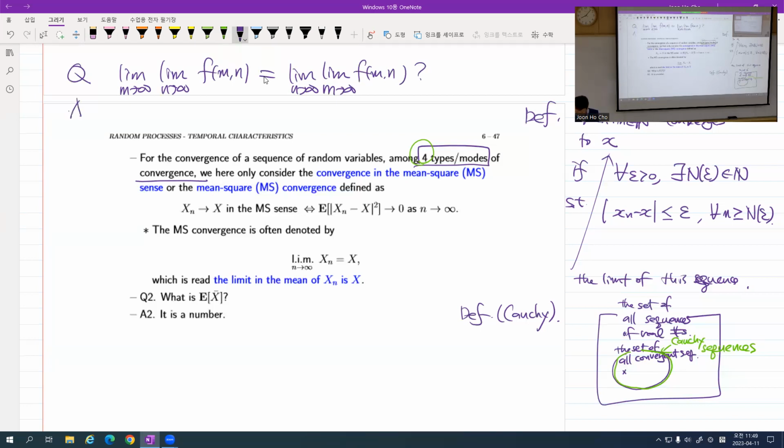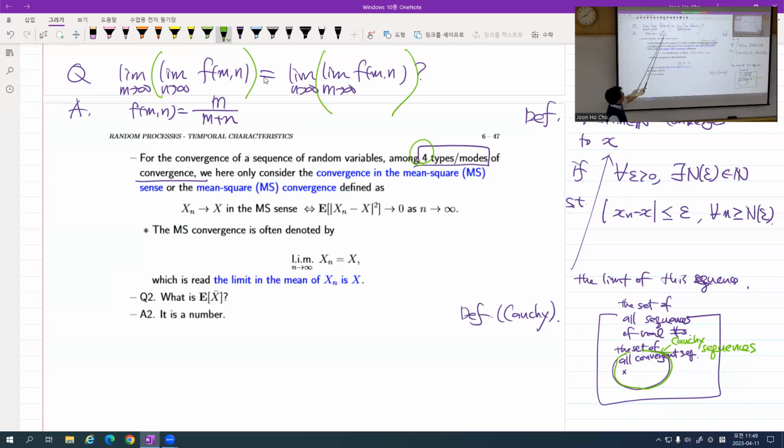Here goes the counterexample. Suppose this f of m, n is the function m over m plus n. Then what is the first limit? Be careful, here you have to put the parentheses, if you have a double limit. So what is this inner limit?